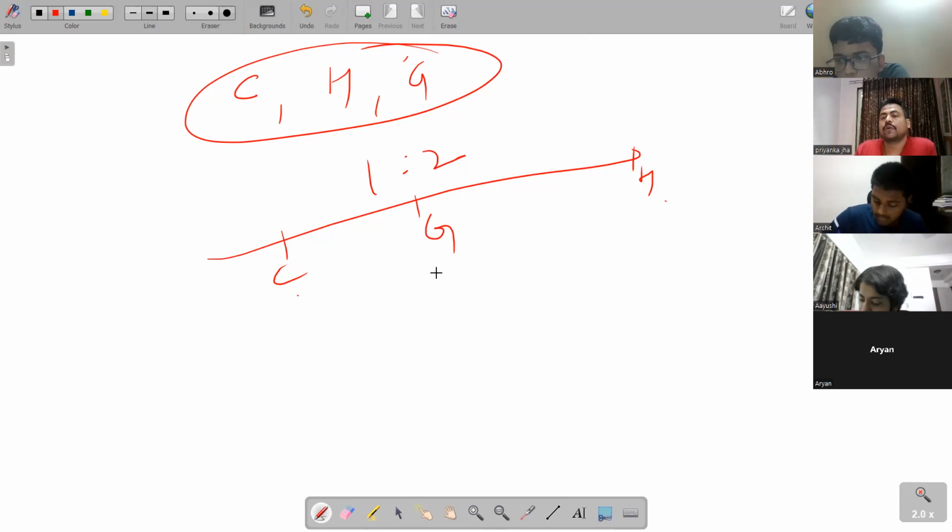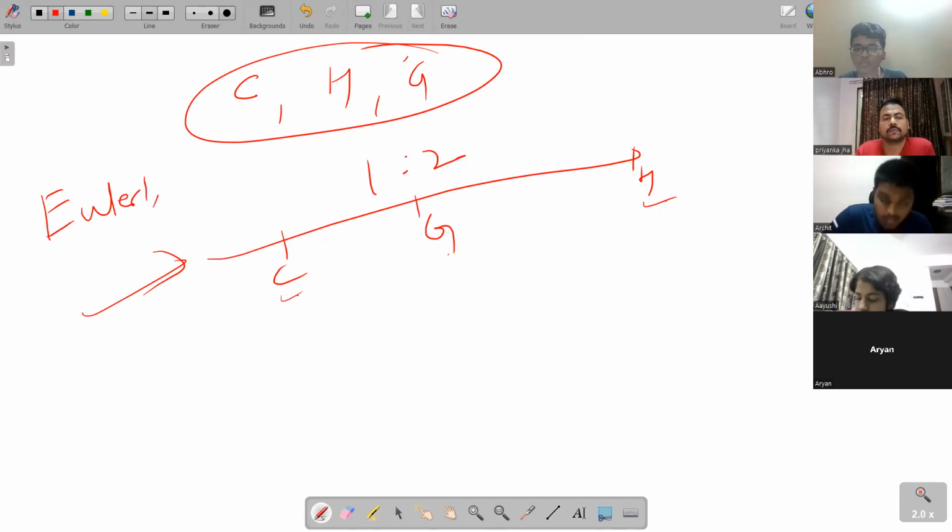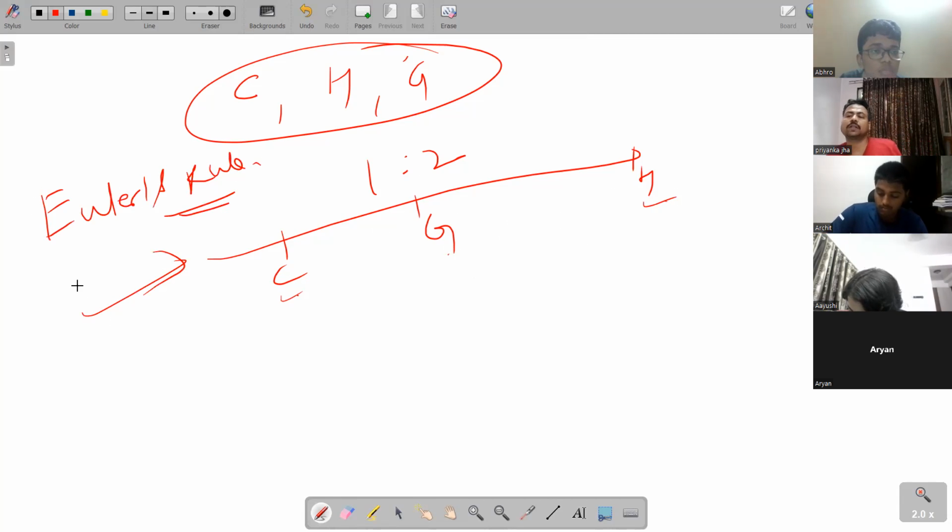Centroid will be away from orthocenter and near to circumcenter. So this is very important, because you will be given coordinates of circumcenter and orthocenter, and you have to find centroid. So in that case, we'll use this thing. This is called Euler's rule. That centroid will always divide circumcenter and orthocenter in 1:2 ratio.